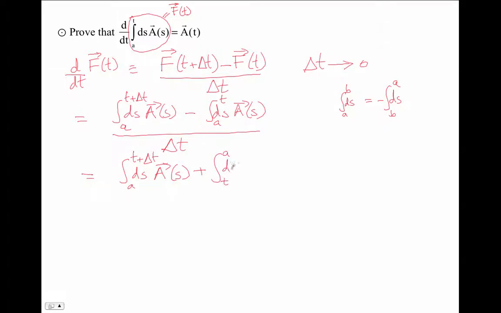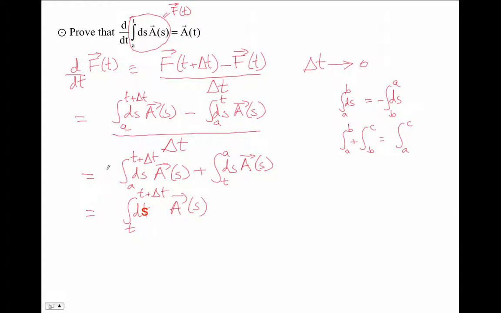The sign has been reversed, and now we'll use the fact that if I have an integral from, let's say, a to b, and then an integral from b to c, then this is the same as the integral from a to c. So here I'm going from t to a and a to t plus delta t. So this is the integral then from t to t plus delta t of a of s.